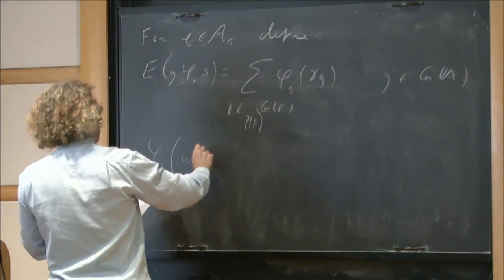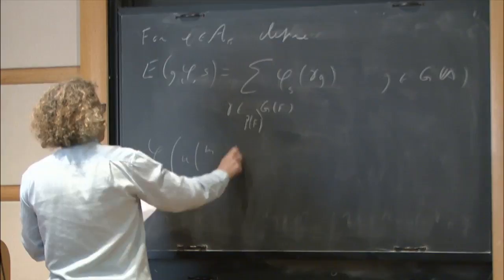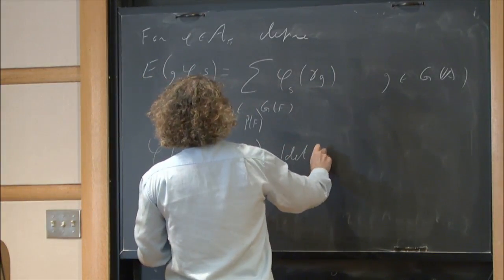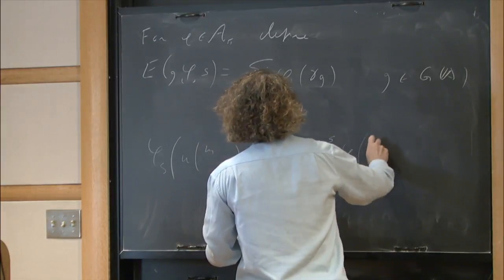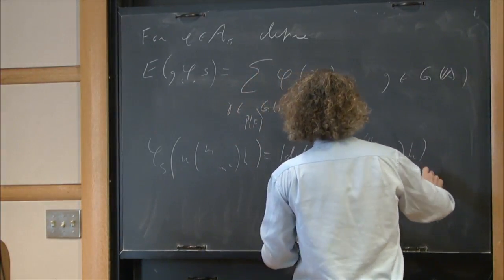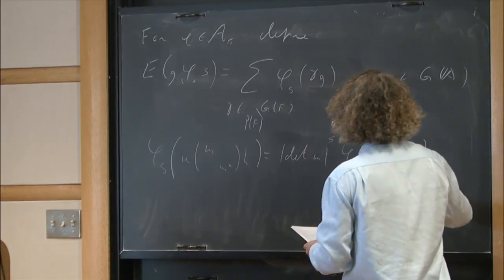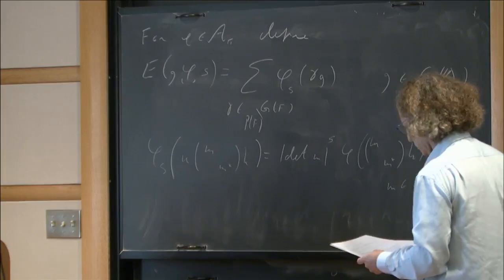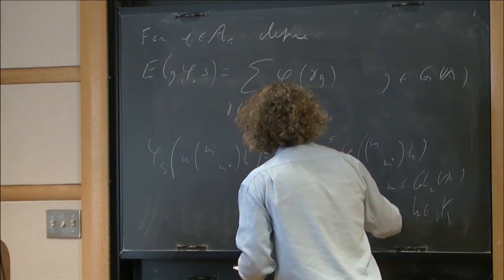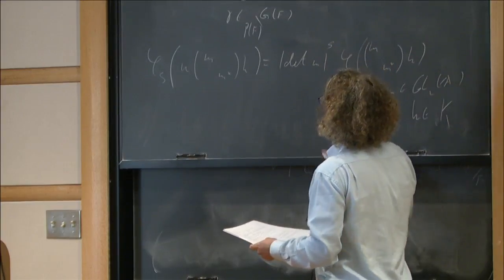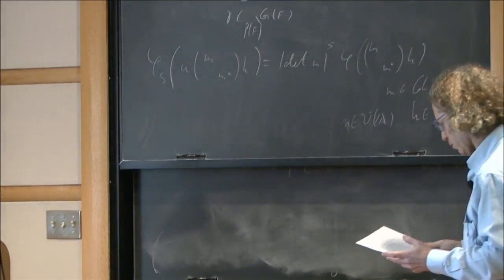So in the Iwasawa decomposition, this is determinant of m to the s, otherwise it's the same. So m is in GL2, k is in the standard maximal compact, and u is in U. That's in terms of the Iwasawa decomposition.